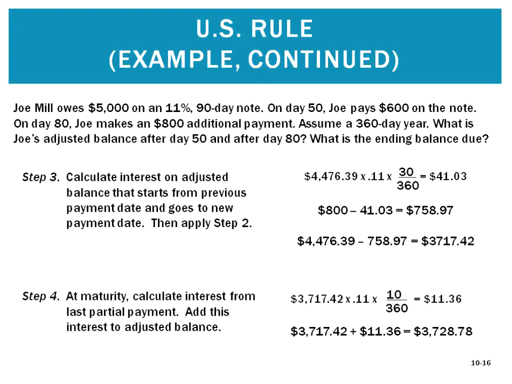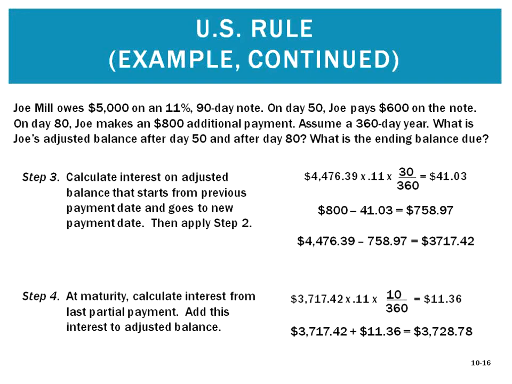Again, we take the new principal, which is $4,476.39, times the rate, which is 0.11. Remember, percent converts to decimal when you're using it in a calculation, times 30 over 360, the difference between 80 and 50. And now the interest is $41.03.